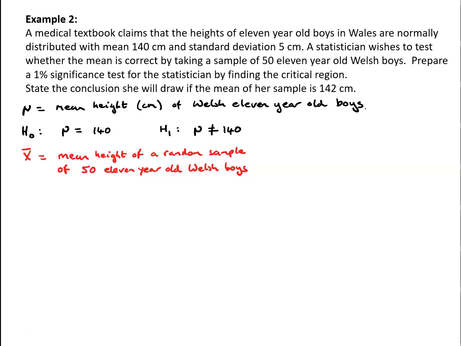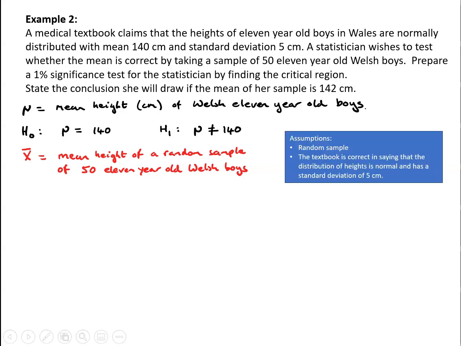We must now state the distribution of the test statistic, or x bar, under the assumption that the null hypothesis is true. In order to do this, we need to make a couple of other assumptions, namely that we've got a genuine random sample, and secondly that the textbook is correct in saying that the distribution of heights is normal, and that the distribution of heights has a standard deviation of 5 centimetres.